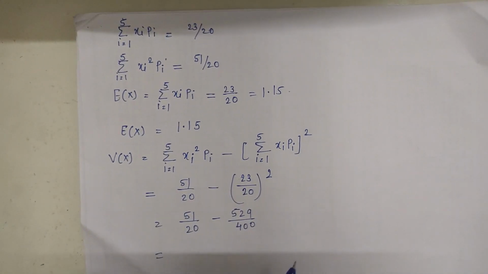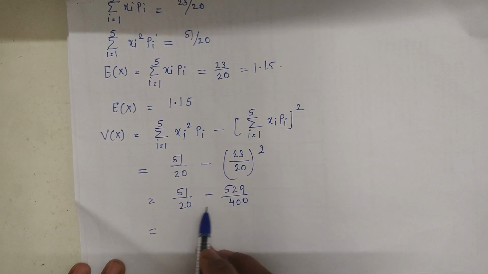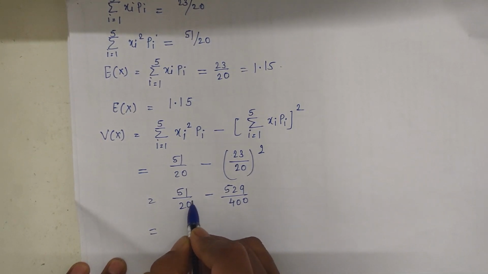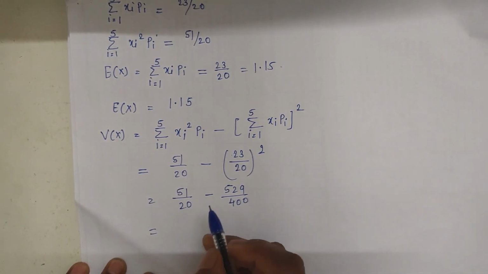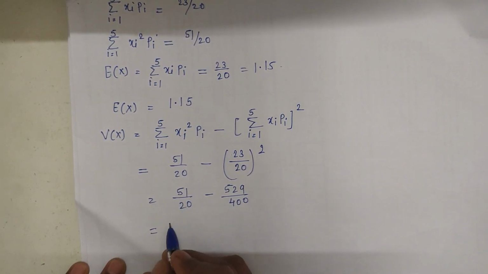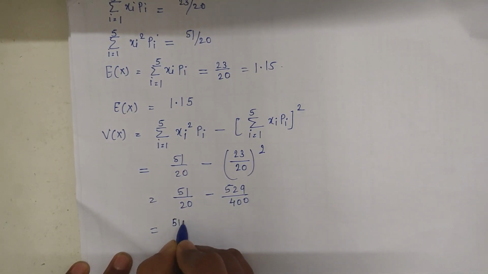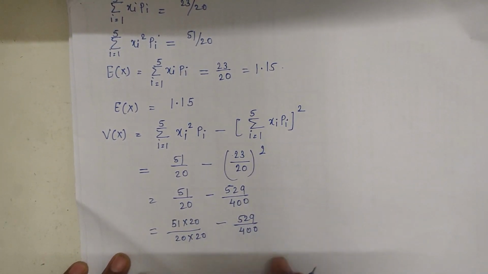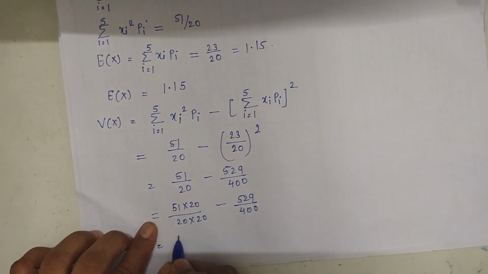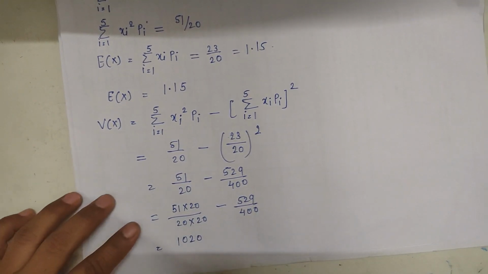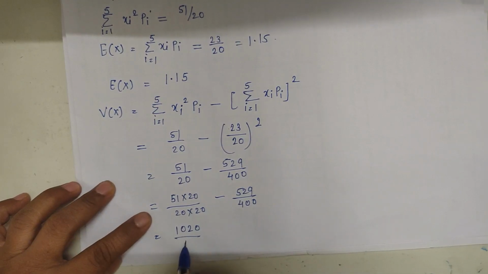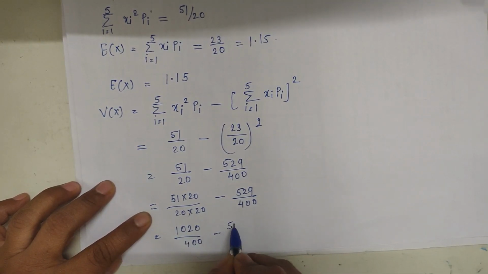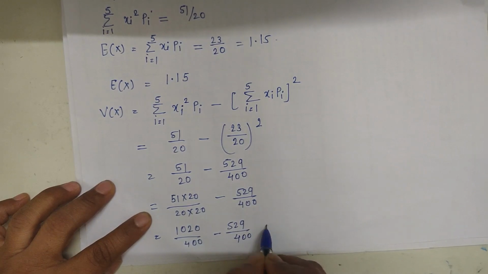For the same value of denominator, multiply by 20 to each term: 51 into 20 divided by 20 into 20 minus 529 by 400. Here 51 into 20 is 1020, so 1020 divided by 400 minus 529 divided by 400.